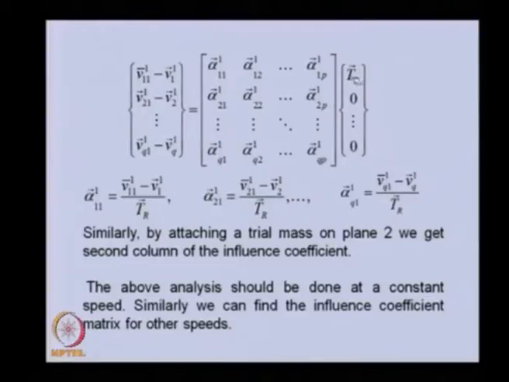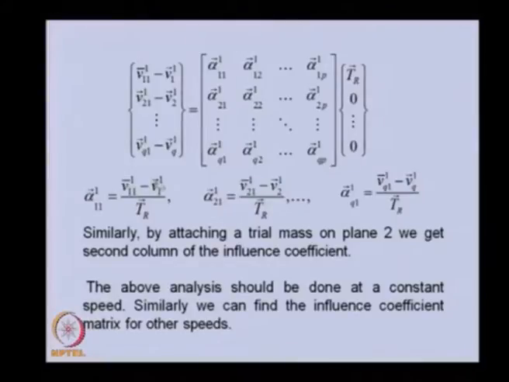Now, if we expand this equation, let us say the first equation, it gives us the first influence coefficient alpha 1 1 superscript 1 as this divided by TR. So this influence coefficient can be obtained using this expression. We have measured these responses, both the amplitude and the phase.